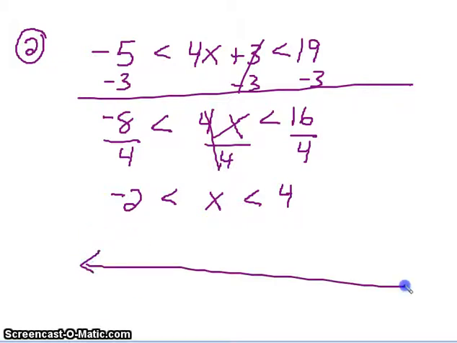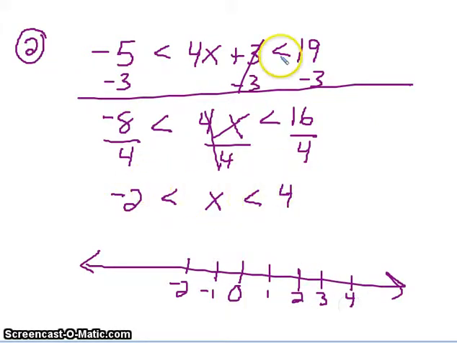Now, if I want to do another bad number line, negative 1, negative 2, and 1, 2, 3, 4. Still less than and greater than, no equal to, so open circle, and it tells us x is greater than negative 2, but less than 4.